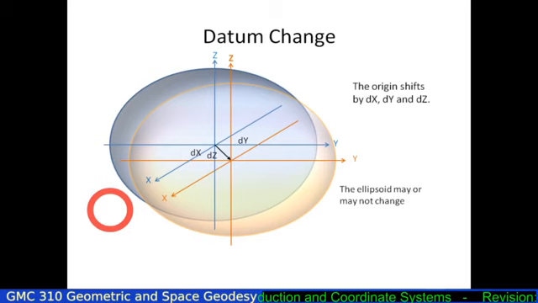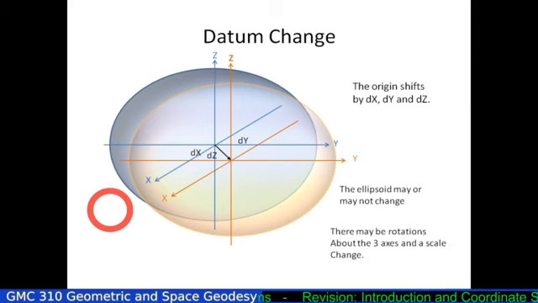So you may or may not change the ellipsoid from, for instance, Clarke 1880 to WGS 84, and there may be rotations about the 3 axes and a scale change, but that's something for a later stage.